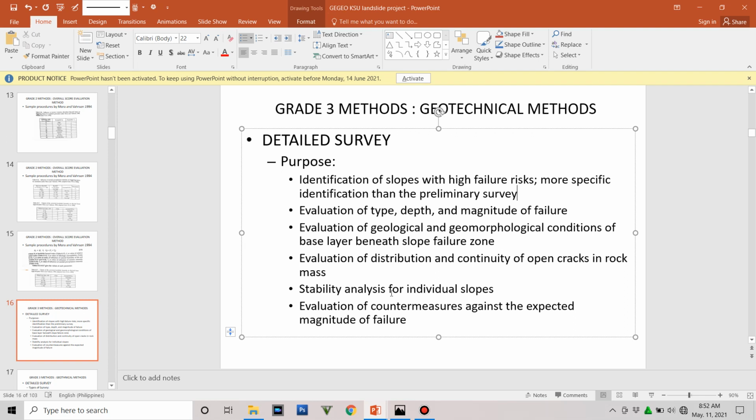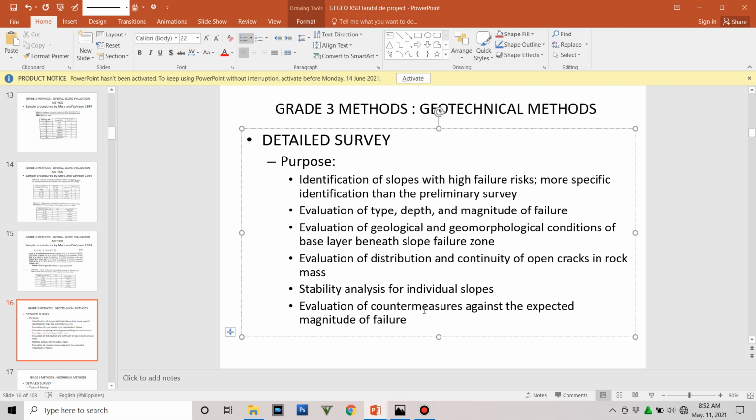So we have actually a traditional existing slope stability analysis by finite element method, or FEM, or it could be LEM, or the limit equilibrium method. So basically, there are a lot of software that has the slope stability analysis. So evaluation of countermeasures.